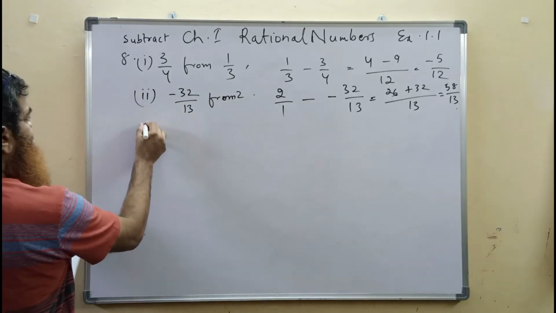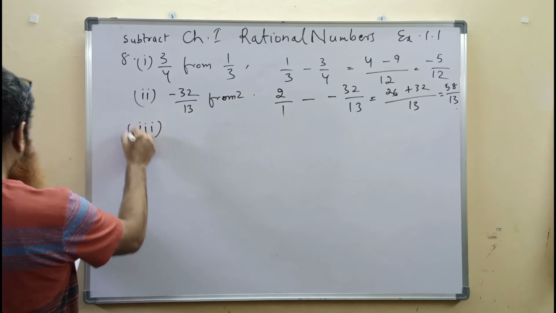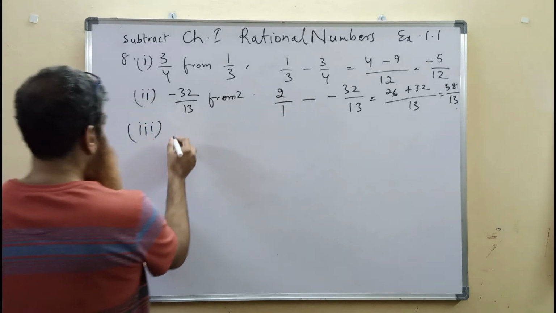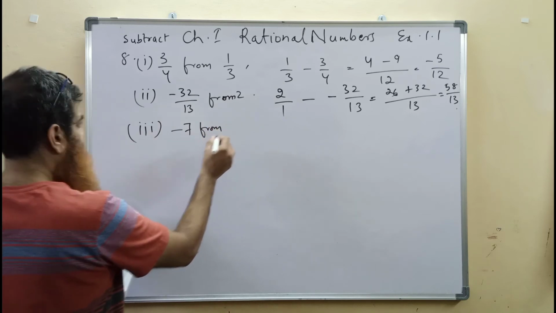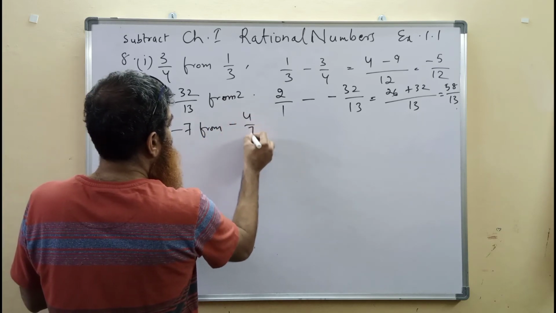In the third bit, we have to subtract minus 7 from minus 4 by 7.